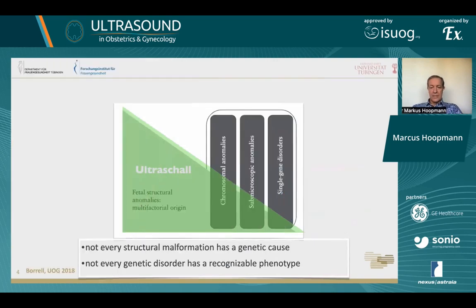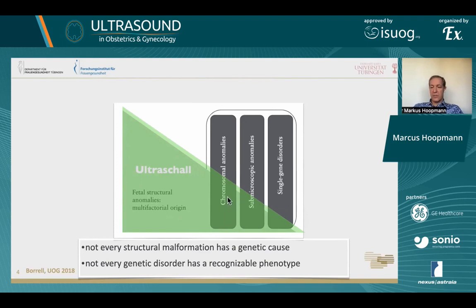I like this picture from the publication of Borel because it has some really important key messages. Ultrasound is necessary to detect fetal structural anomalies, and these structural anomalies are responsible for the majority of the fetal problems. On the other side, there's a big field of genetic causes of anomalies, which can be divided into 3 aspects.